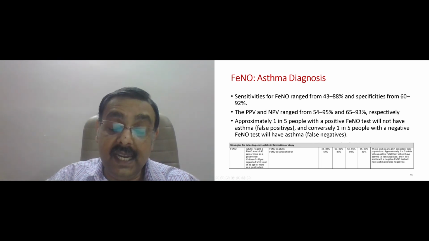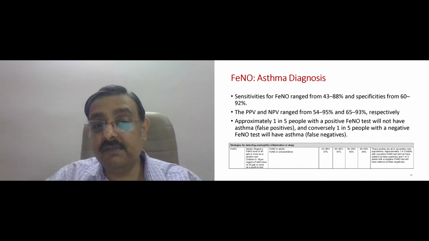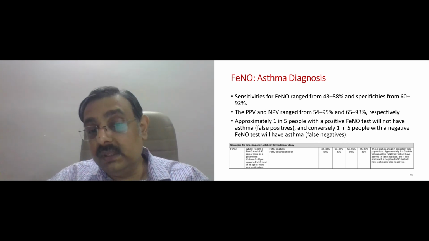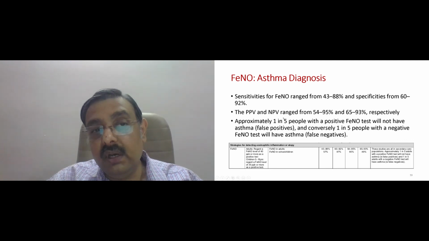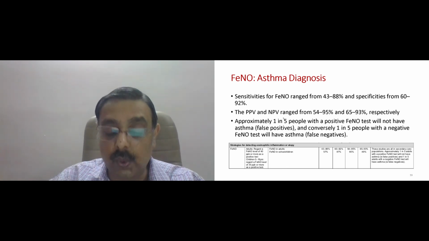So what they interpret is that approximately 1 in 5 patients with a positive FeNO doesn't have asthma. So they can be false positive, and approximately 1 in 5 with a negative FeNO still has asthma. So the utility of FeNO in diagnosis of asthma is not there, and most people don't use it for this purpose at the moment.